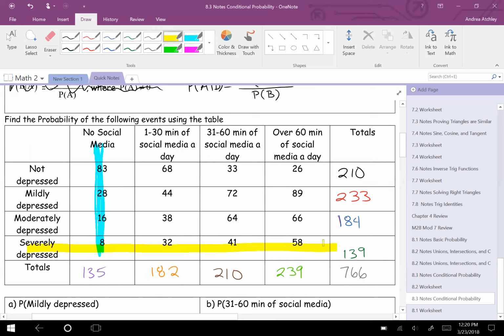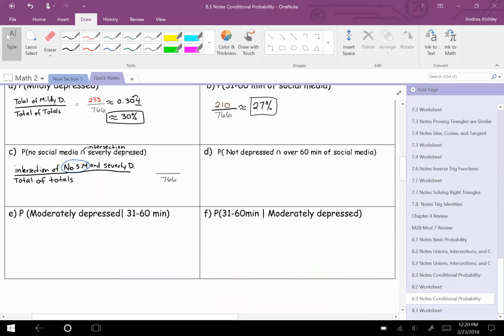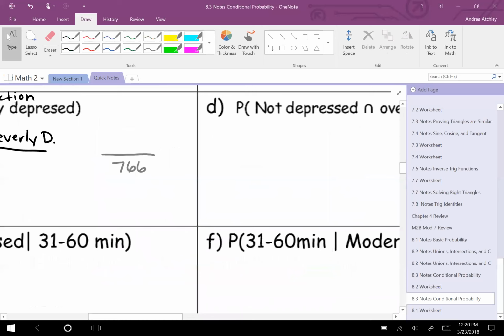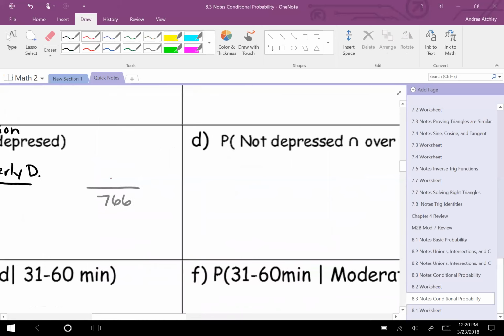Okay, where do those two intersect? At 8. Okay. So 8 goes on top. Any questions over that?